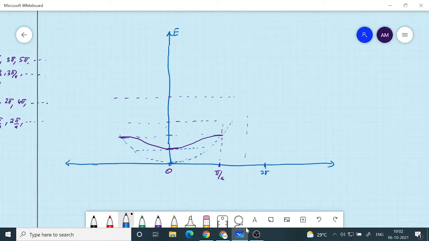This is 2 pi by a, then one more pi by a, if I take 3 pi by a. So my parabola should go through these points.